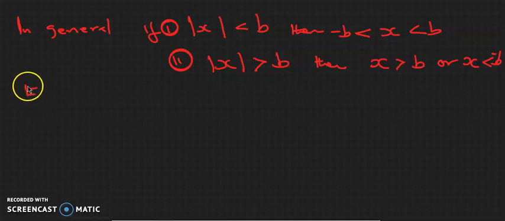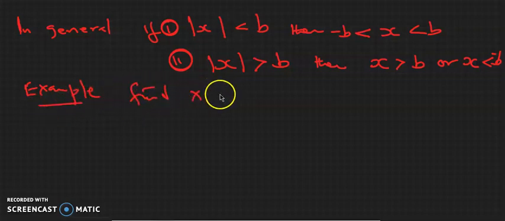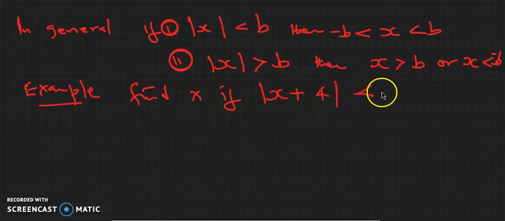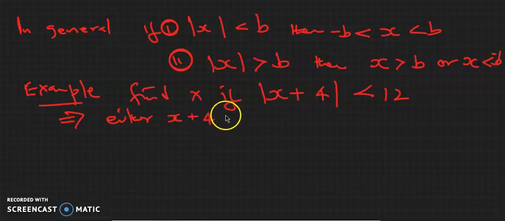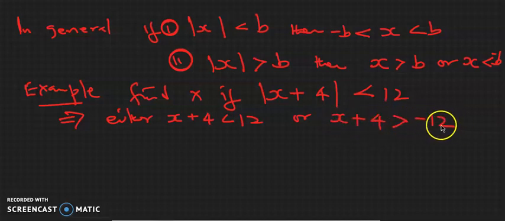One more example. For example, if you have the absolute value of x plus 4 is less than 12. This means that x plus 4 is less than 12, and x plus 4 is greater than negative 12.